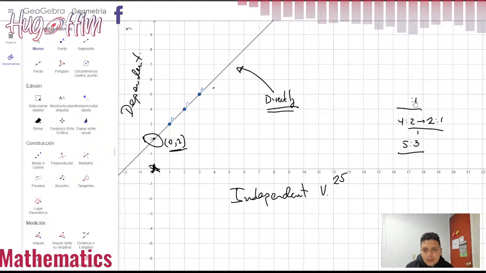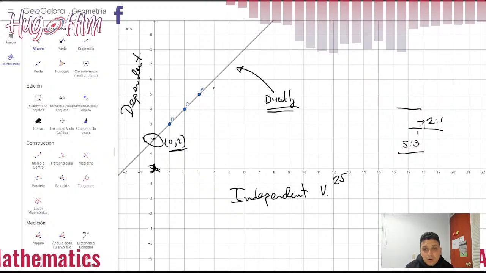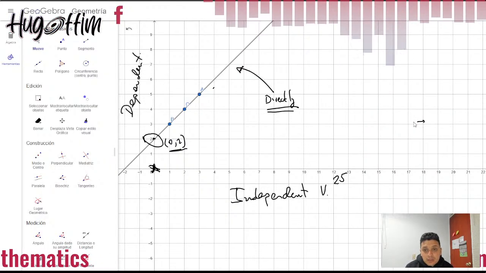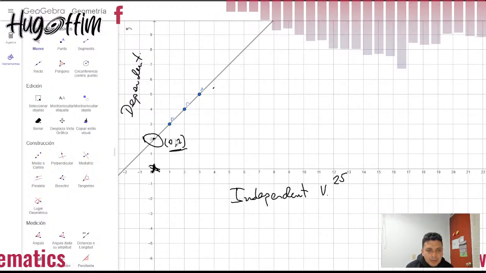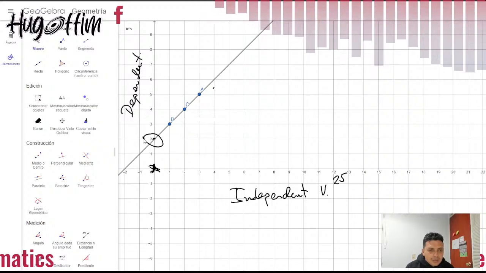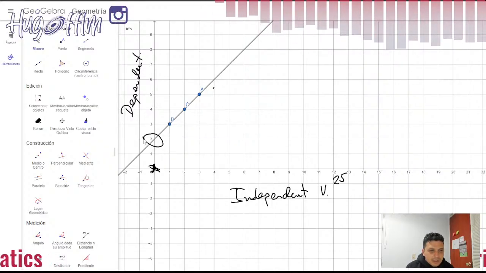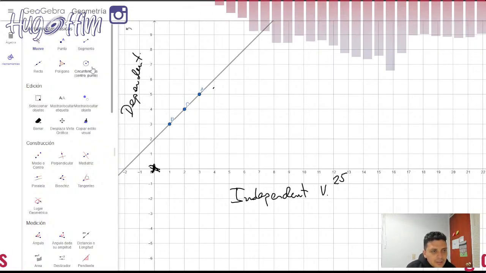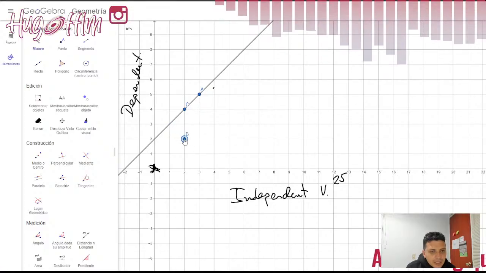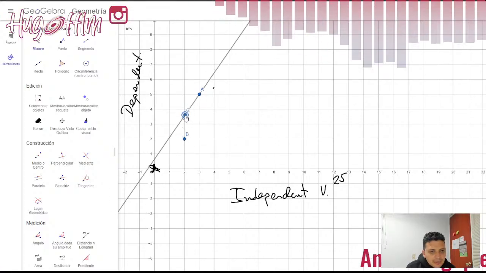Okay. So now we already know that this is not directly proportional, but what happens if we put a directly proportional pattern? I'm going to put 3 points in a way that they are directly proportional. The good thing here is that I already created a line, so I just need to move one of these points in a way that makes it directly proportional.